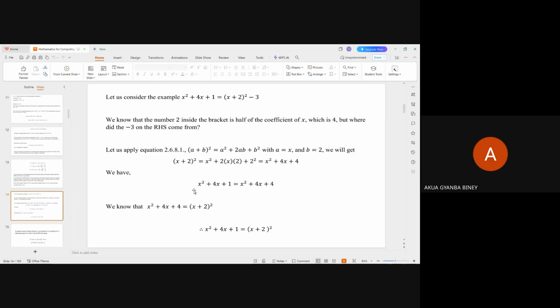Now it says x squared plus 4x plus 1 is equal to this, which is not entirely true according to the book or the model, because this whole expression is equal to that expression minus the 3. So the minus 3 should have come. This is not equal to that. This expression is equal to that expression, so you can't just take this one alone and say this is equal to that one.